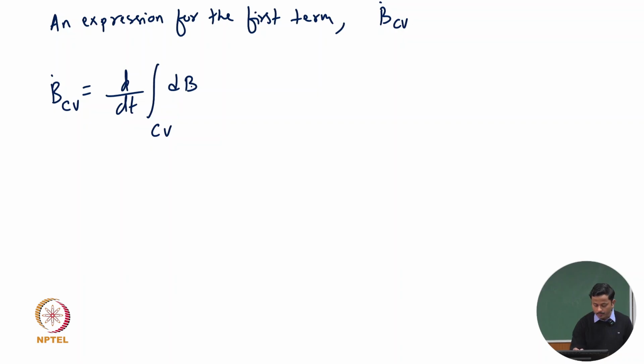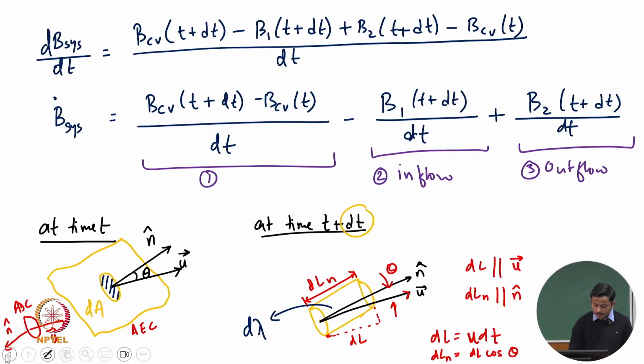So now deriving an expression for the first term. We had three terms in the statement of the Reynolds transport theorem. The first term was B dot CV, which is equal to d dt of the integral over the control volume of this quantity B. I'll go back again in the slides to see.